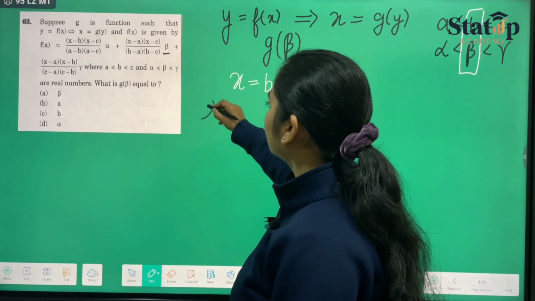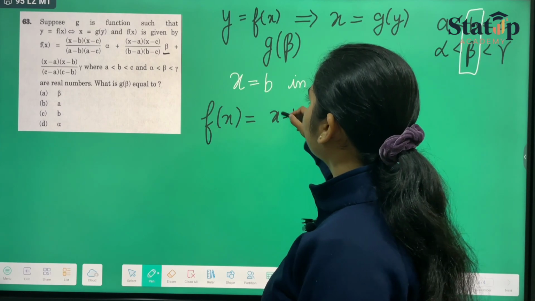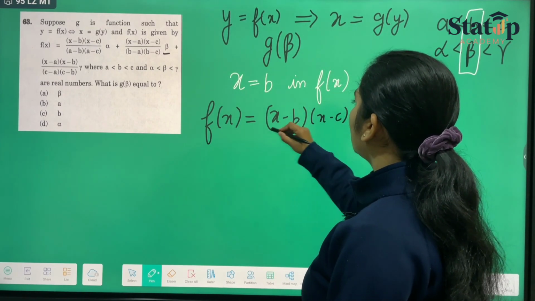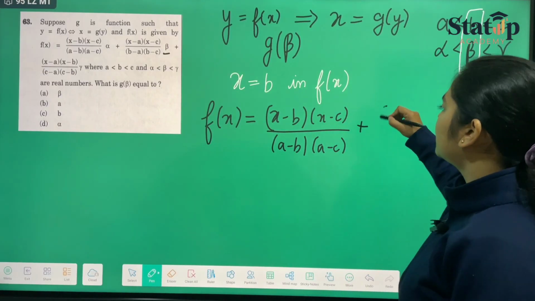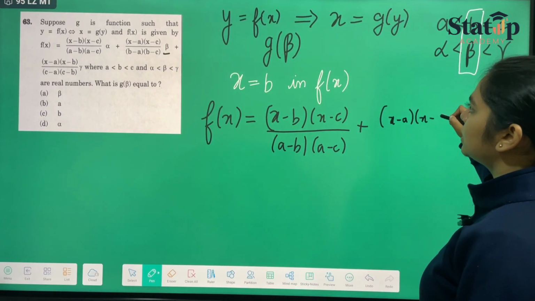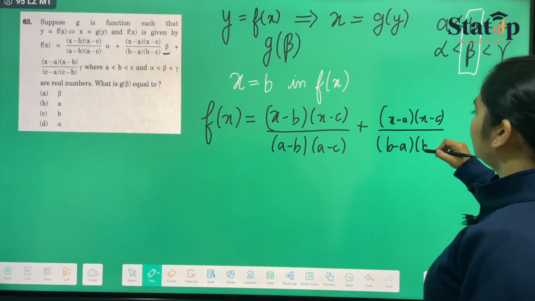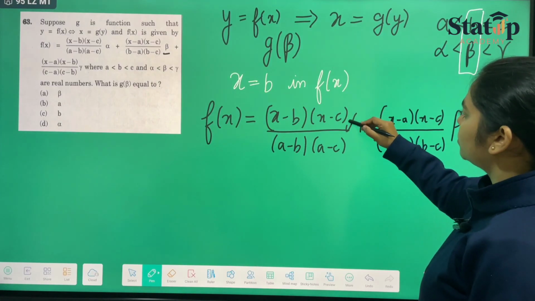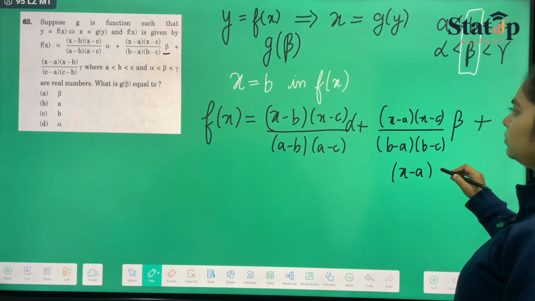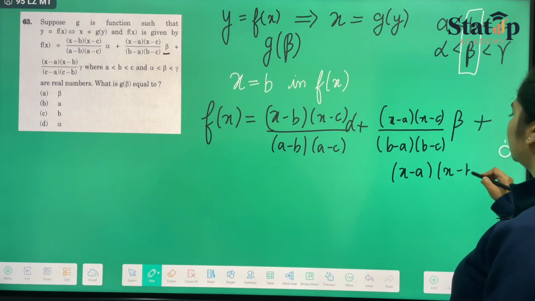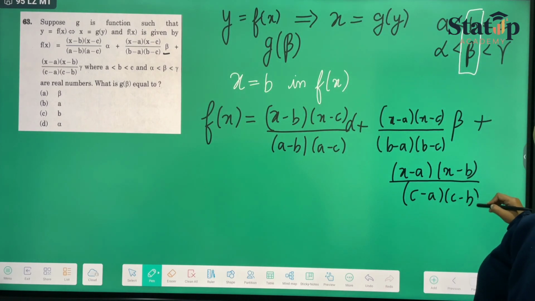So fx is equal to x minus b, x minus c upon a minus b, a minus c, plus x minus a, x minus c upon b minus a, b minus c into beta. Here it was into alpha, plus x minus a and x minus b upon c minus a, c minus b into gamma.